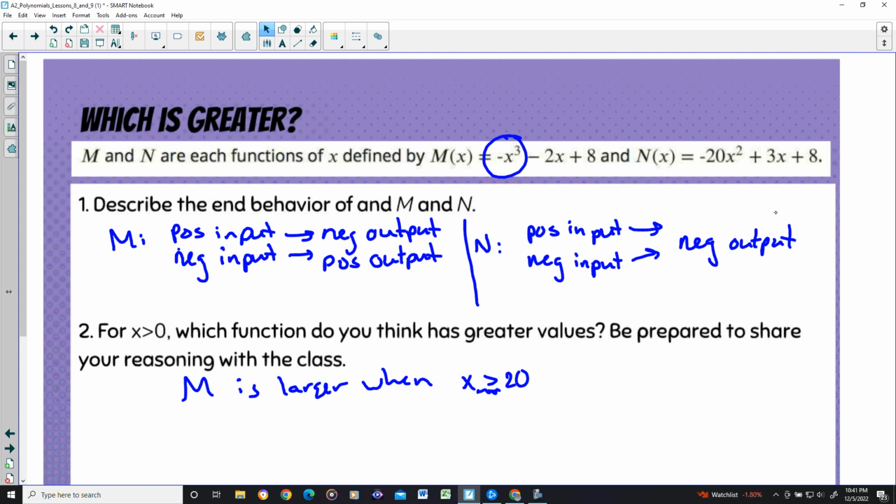Would the same hold true for negative? Well, the negative is a little bit different, right? Because again, with that negative sign, negative input is going to lead to a positive output. So m is going to be bigger, definitely with negatives as well.